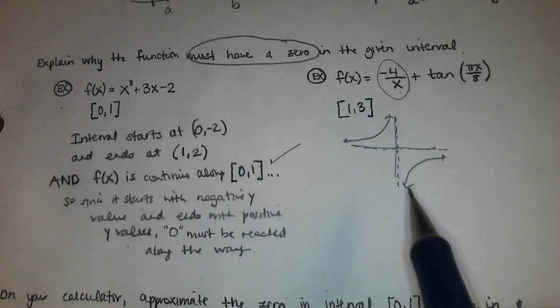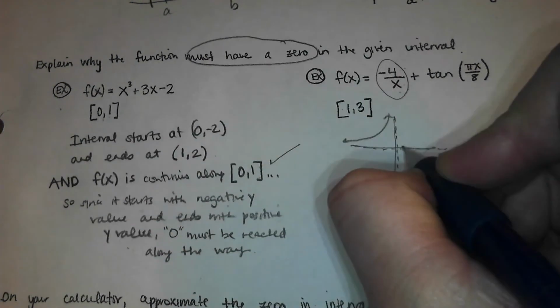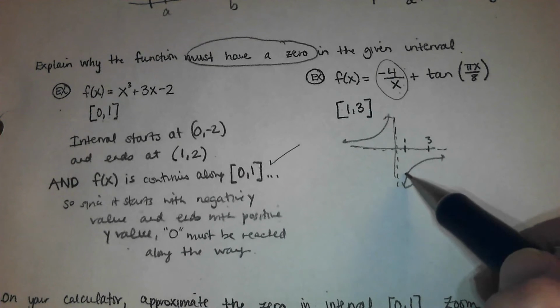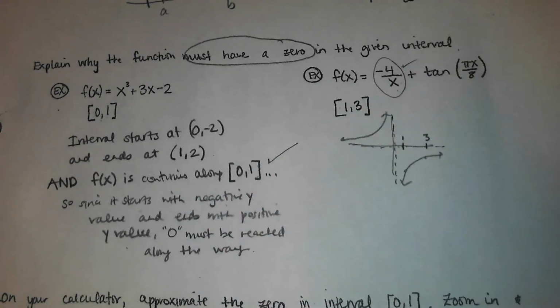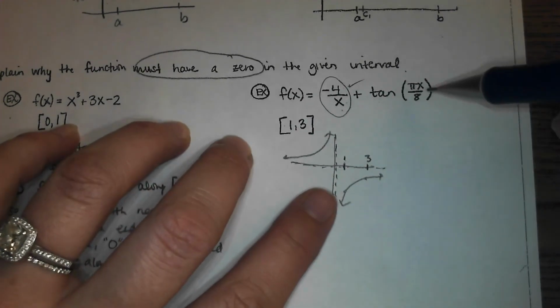But the question is, is that continuous from 1 to 3? Here's approximately 1, here's approximately 3. So is that continuous from 1 to 3? Yes. Plus, okay, now tangents.